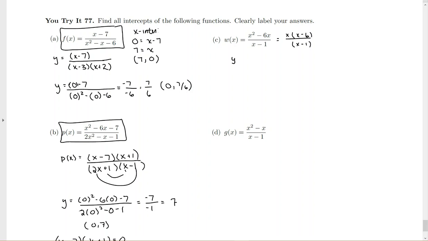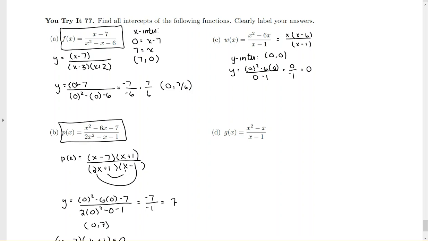So go back to the y-intercept. We're going to let x equal 0. I end up with 0 divided by negative 1. If the 0 is on top, the answer is 0. So I have a y-intercept at the point (0, 0).